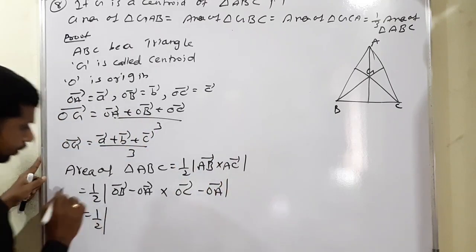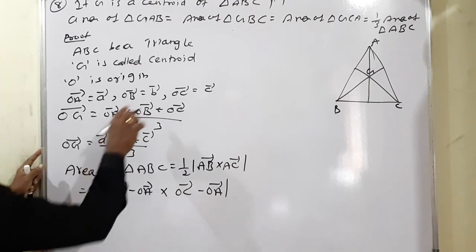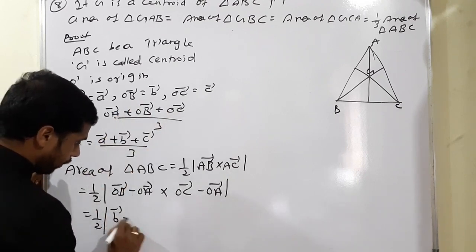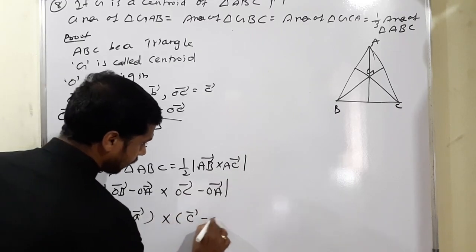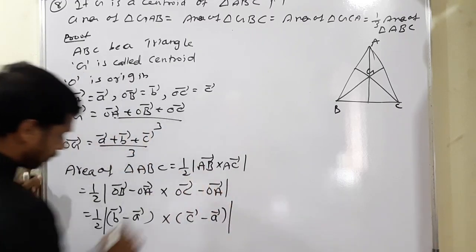Again, OB vector is B vector, so B vector minus A vector cross C vector minus A vector.